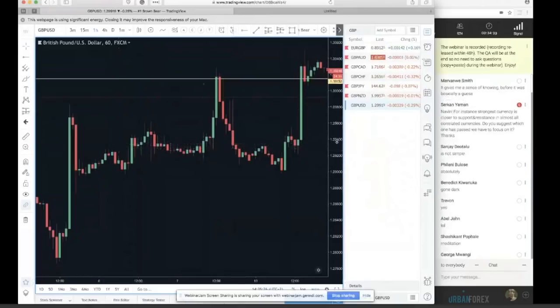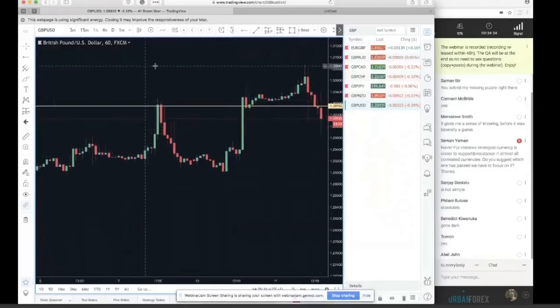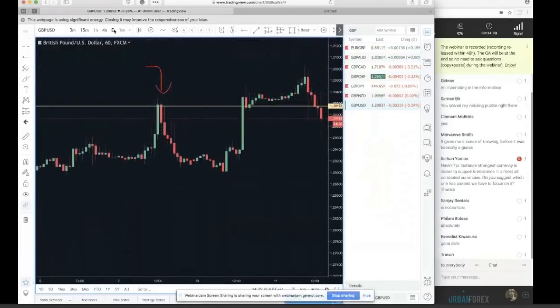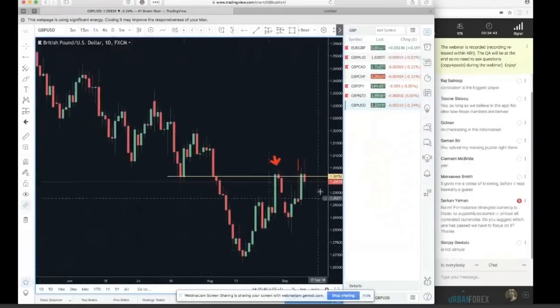Yeah. All right. Good. So let's take a look at this one in pound Swiss franc. So we were saying if this is coming in for a hot sell at support equals resistance, even though the world might be looking at this as, come on, man, didn't you read the books? What was that book called? Dummies for Forex or Forex for Dummies.